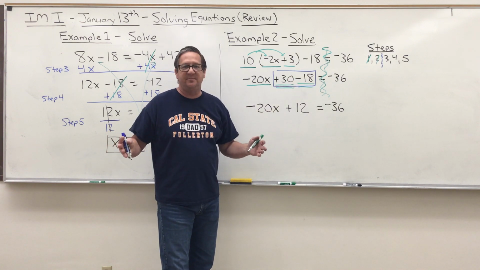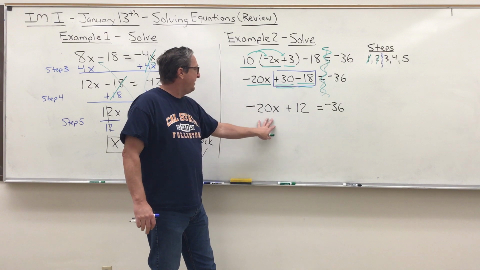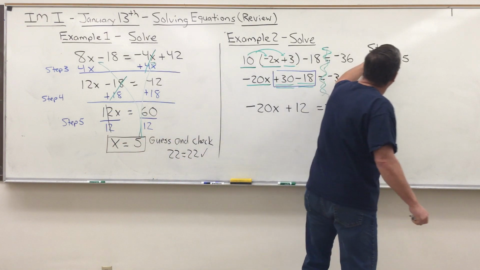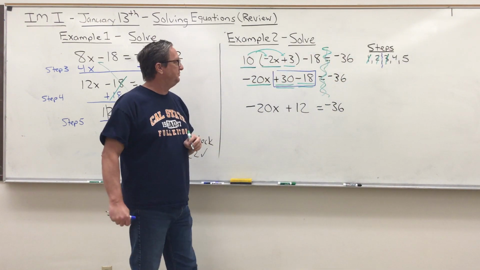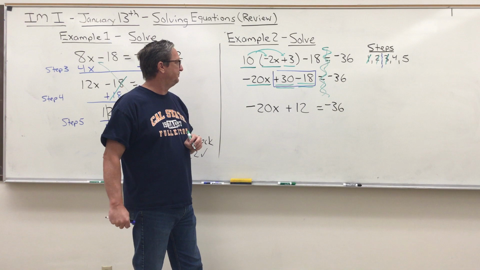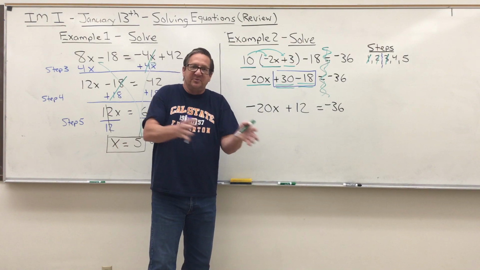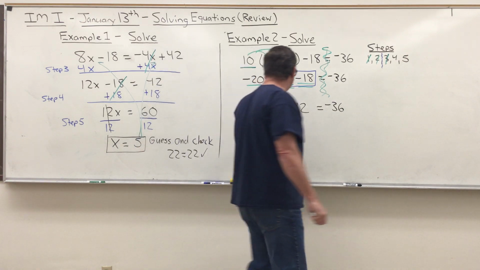The wall is gone. Step 3, put all your variable terms on one side. Hey, they're already on one side. There's no x over here. So that is step 3. Step 4, if your variables are on the left, take positive 12 and move it to the right.